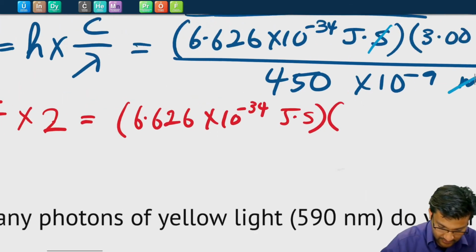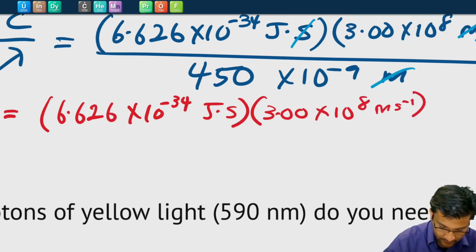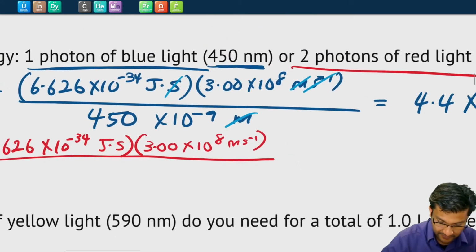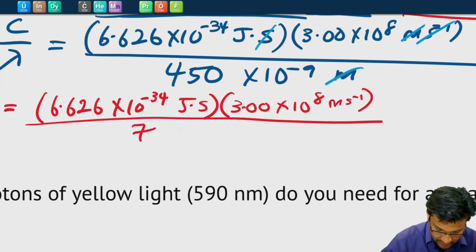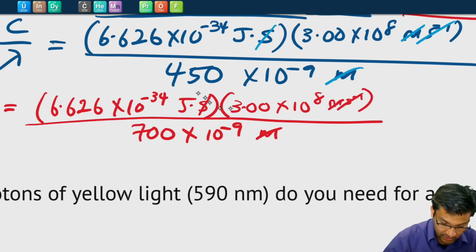Speed of light, as always in a vacuum, is 3.00 times 10 to the 8th meters per second. And the red photons have a wavelength of 700 nanometers, so that would be 700 times 10 to the minus 9 meters. So seconds cancel, meters cancel, and we're left with joules.